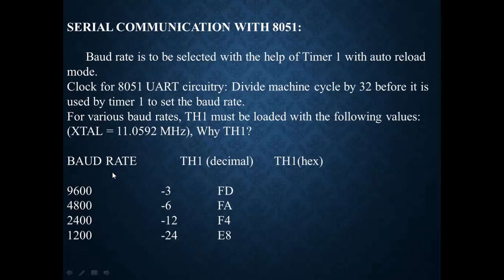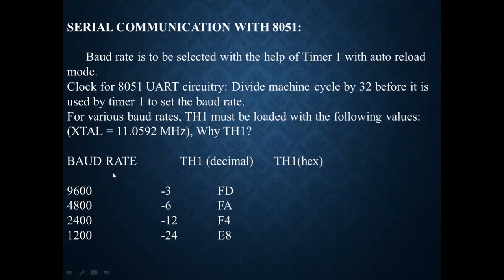Just see that whenever the baud rate is doubled, the TH1 value is halved. For 1200 baud rate the TH1 value is 24, but in case of 2400, the value of TH1 is divided by 2, like this.